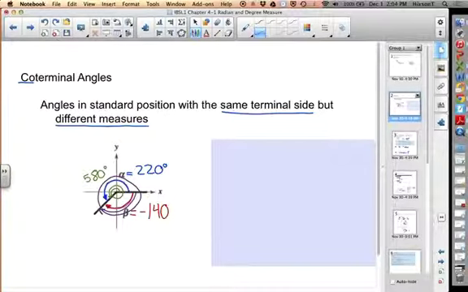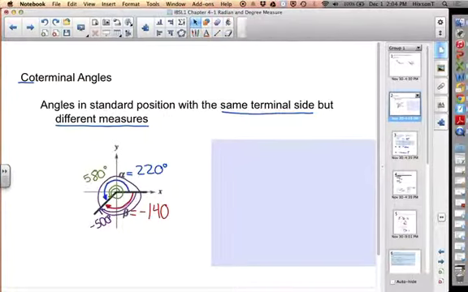Yeah, negative 500. So here I actually see there's 4 coterminal angles. 220, negative 140, 580, negative 500. Those are all coterminal angles because they have different measures but the same terminal side.